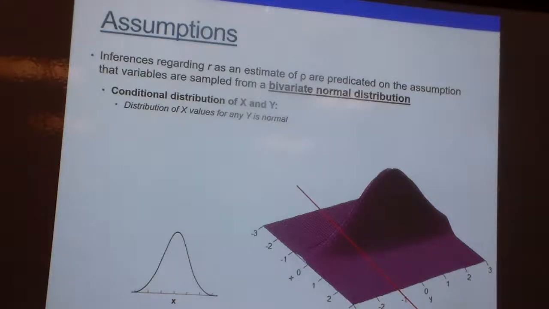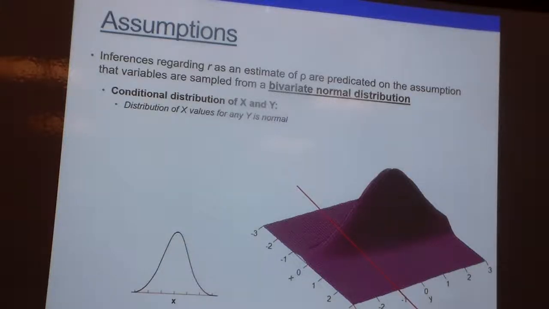If we cross-section and look at Y equals 0, we're going to see a normal distribution. If we cross-section it for Y equals 2, we're going to see a normal distribution, right? Think about this as if we took infinitely small, thin slices of X for each value of Y; we would see this normal distribution, okay?